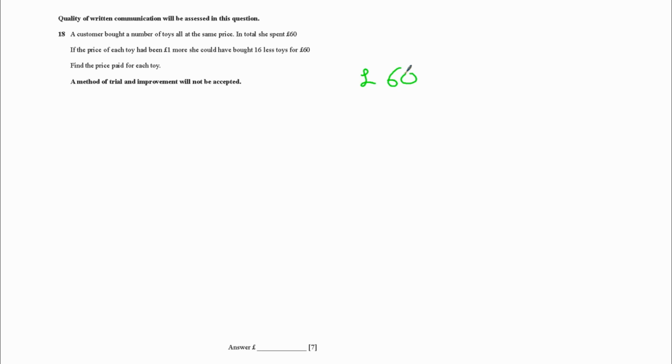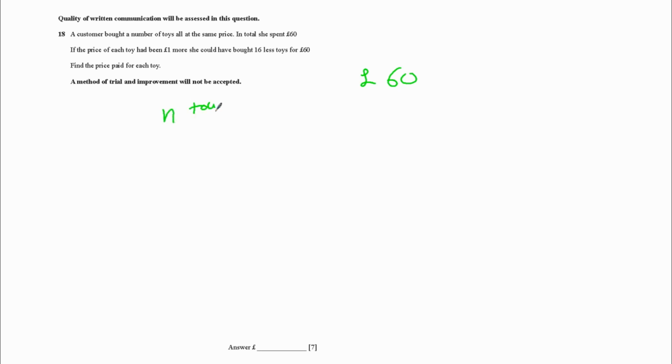I am going to consider that a customer bought a number of toys all at the same price, and she spent £60. In the first instance, she bought n toys for £60.